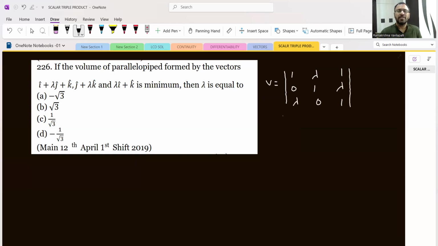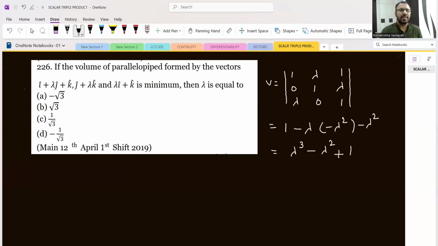Right. Okay. So this is equal to 1 into 1, right? Minus lambda into minus lambda square, isn't it? And minus lambda square. So this is equal to lambda cube minus lambda square, okay, plus 1.